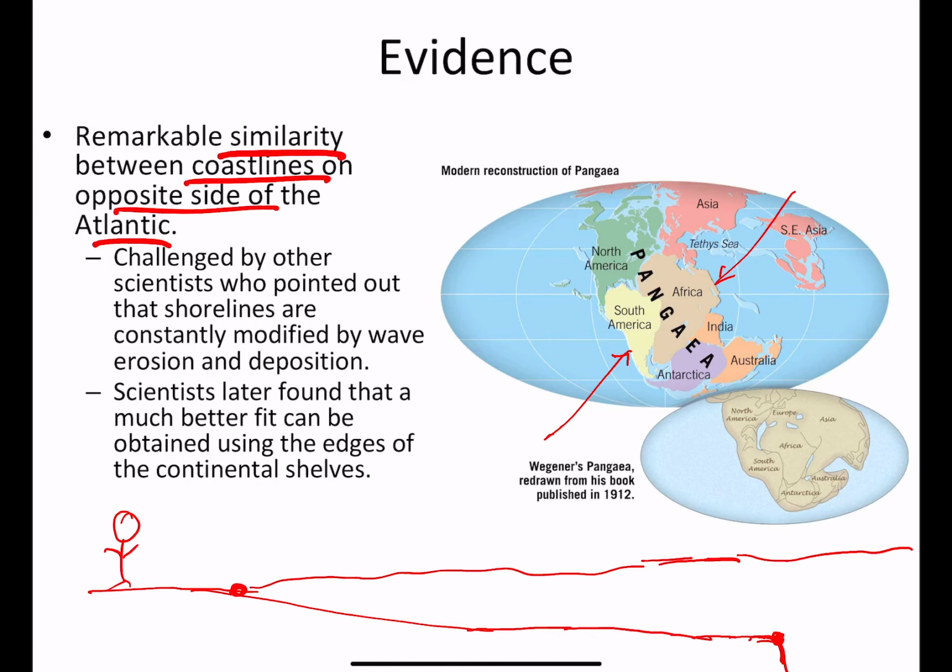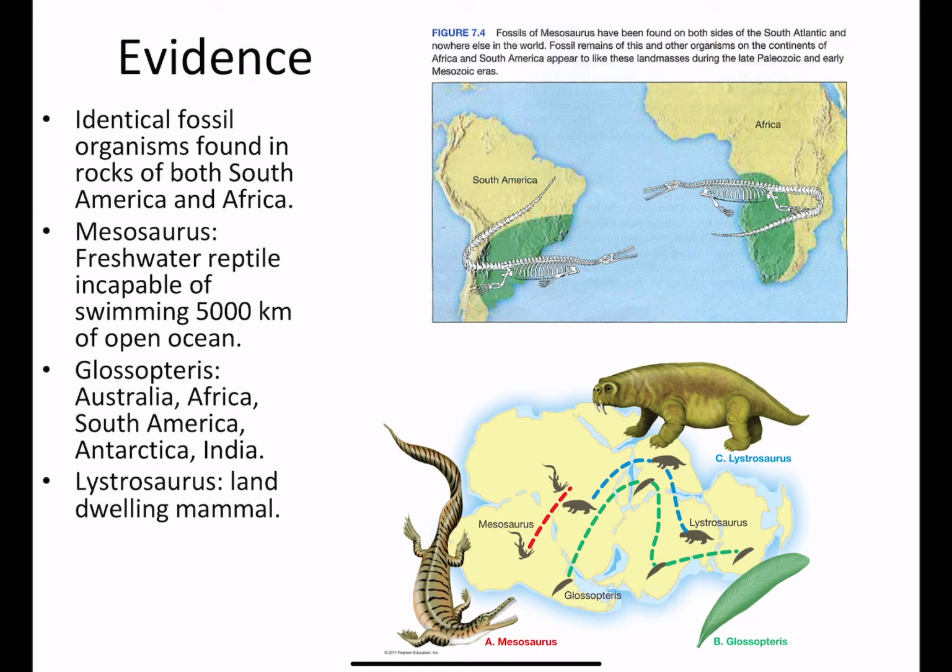Right? All right. Another piece of evidence that Wegener put forward was that if you look at fossil remains, there are certain identical fossil organisms which are found in both South America and Africa.